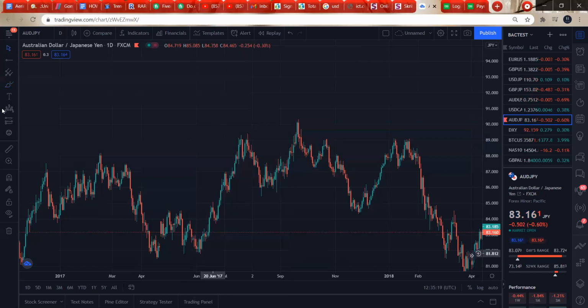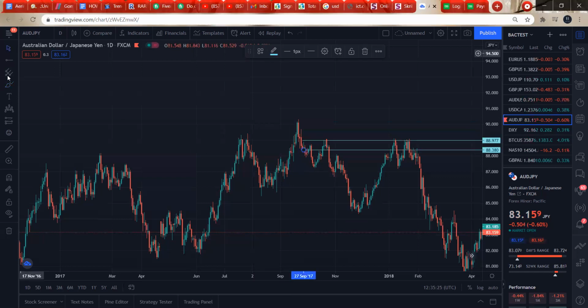So we got a retest of this order block here from this move here. After that, this move went down. It broke the lows. And then it left an order block here.